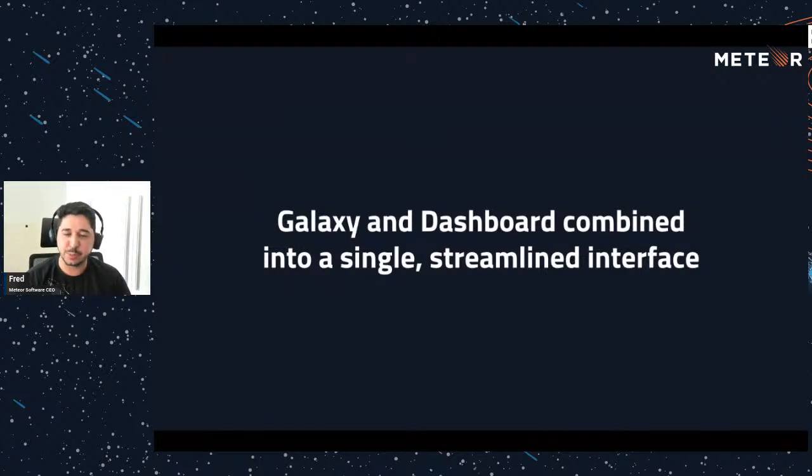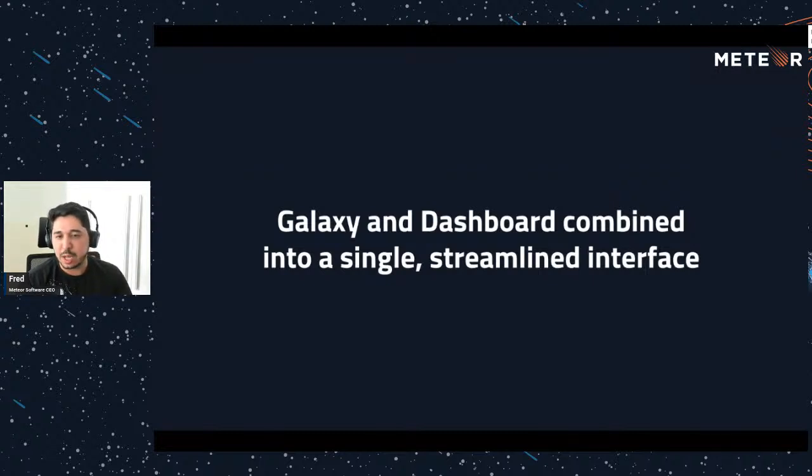We have a dashboard where you can see all of your information centralized, and we have Galaxy, that is the hosting part. There are actually two different systems, you can notice by the URL, because one is cloud.meteor.com and the other is galaxy.meteor.com.